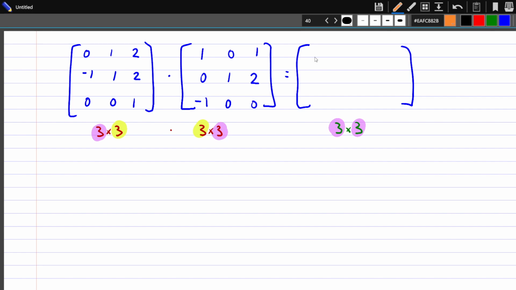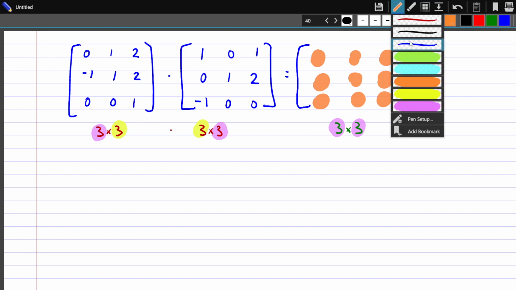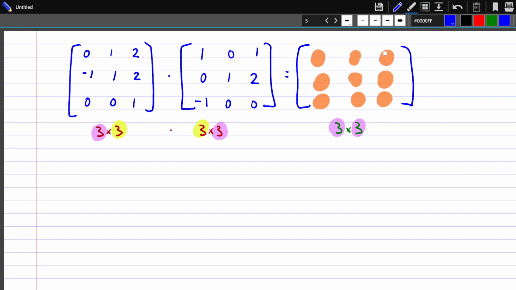The first matrix, since it will be 3 by 3, will have 9 elements. You can always go back in the video and so I can erase some stuff to make the screen more easily understandable. So let's start filling up the circles, the orange circles. Let's go for the first one.